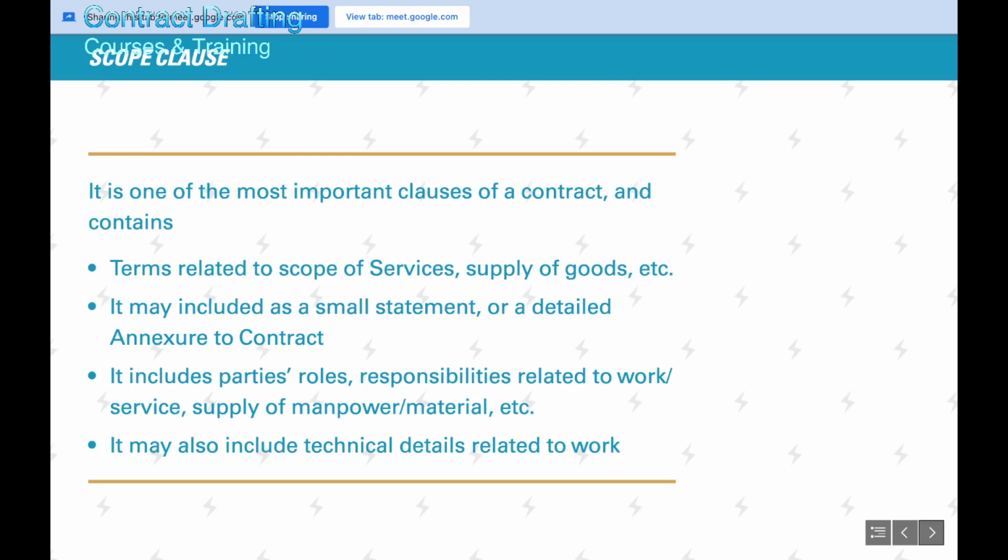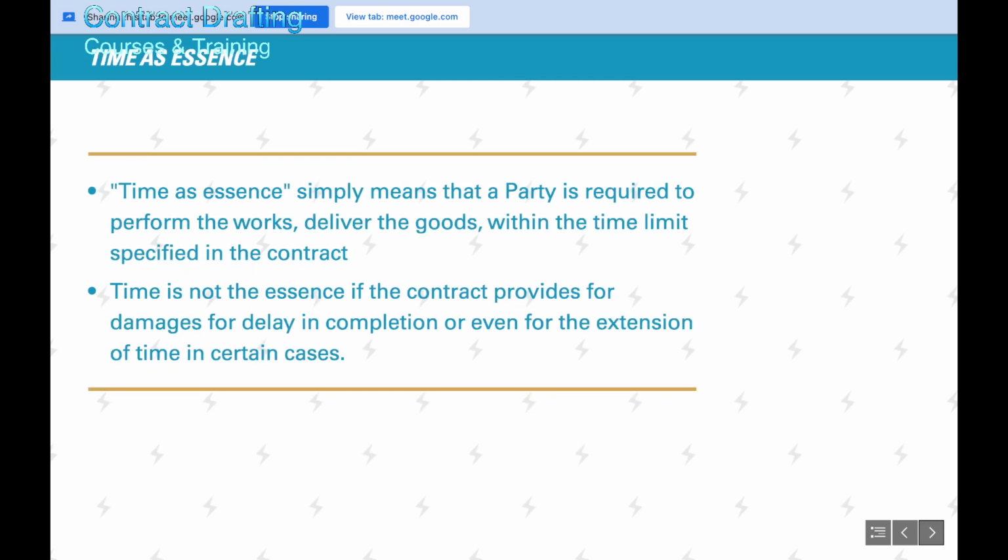Moving on, time as an essence is commonly found in a sale of goods contract when timely delivery is very essential, and if this obligation is not met, then it is considered as a violation of a condition of a contract. So basically, if this condition is not fulfilled, then the recipient of the service or the goods may consider this as a material breach and terminate the contract and recover damages also.